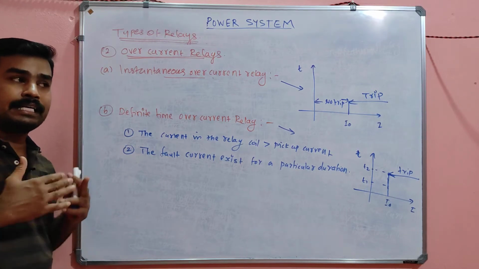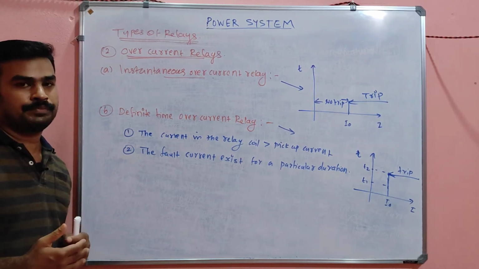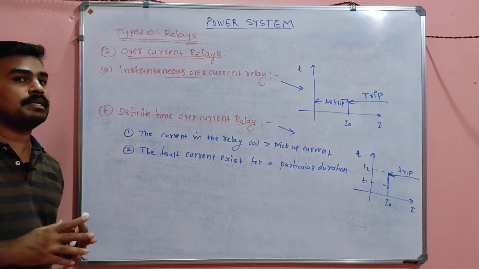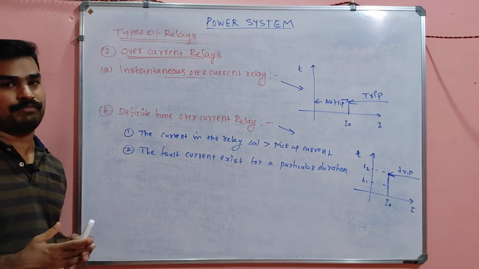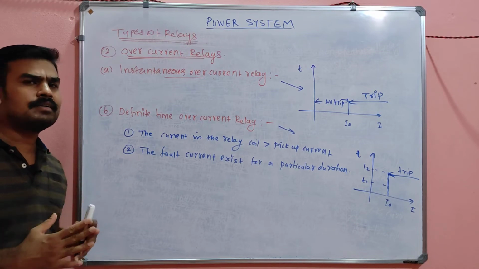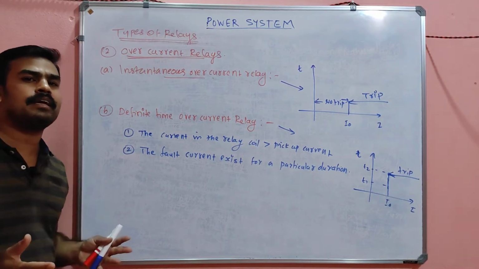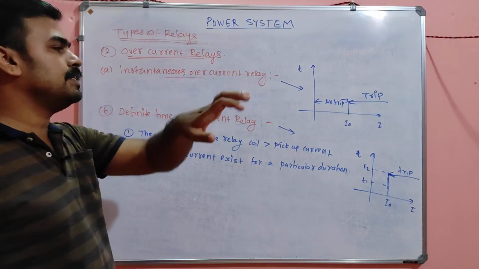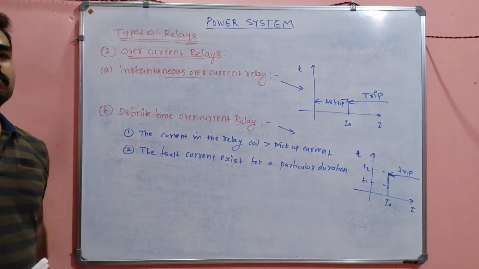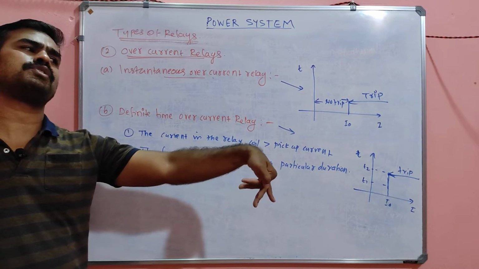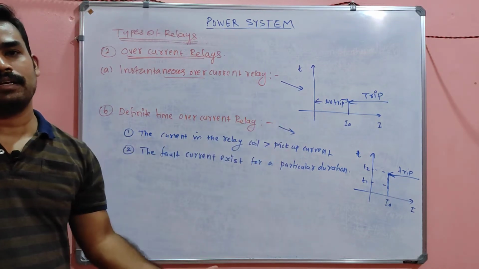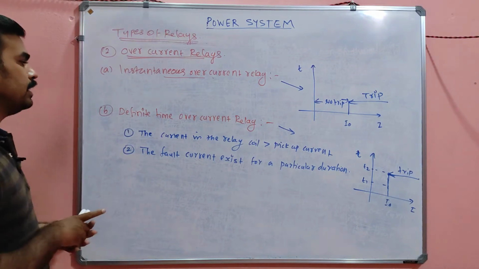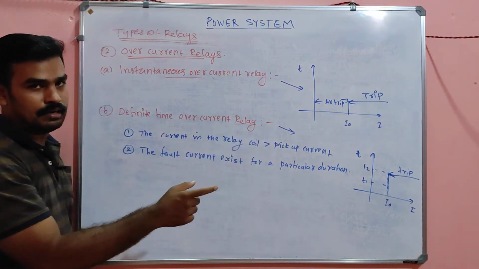But if the fault exists for a very long time, some milliseconds or some seconds, the stability of the system will be affected. So that type of fault should not persist. So we can't use an instantaneous overcurrent relay there. If the fault is there for some time duration and only after that the relay should act, we can use a definite time overcurrent relay.